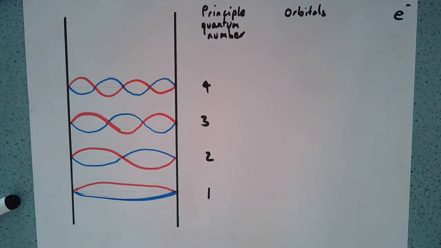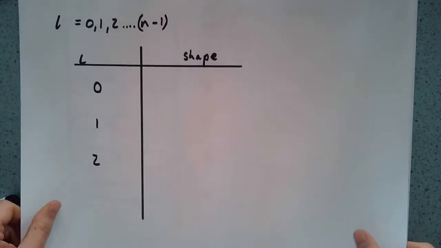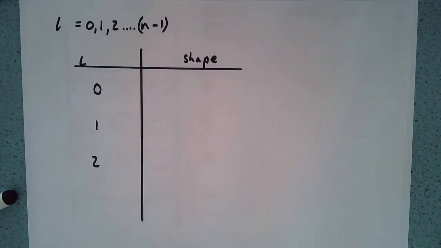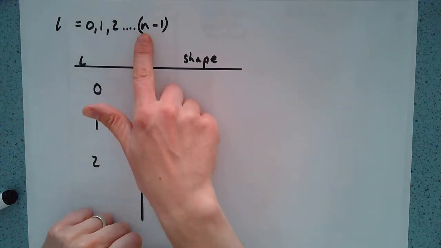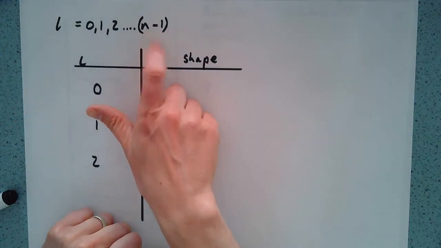So more numbers can be generated by the Schrödinger equation rather than just having an energy level, because what we find is that we have angular momentum as a quantum number as well. And that could be any number up to 1 less than the principal quantum number.